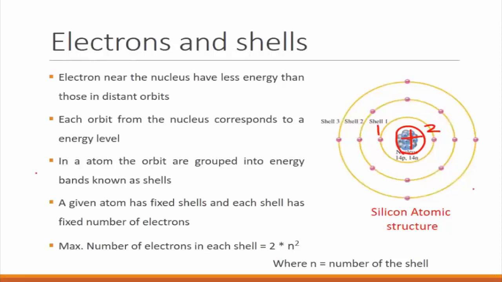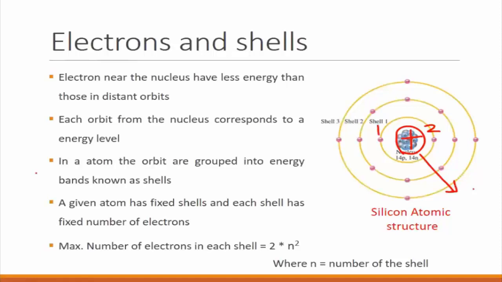If I rephrase this statement, if the electrons are closer to the nucleus, they will have less energy, and as you move away from the nucleus, the electrons will have higher energy.